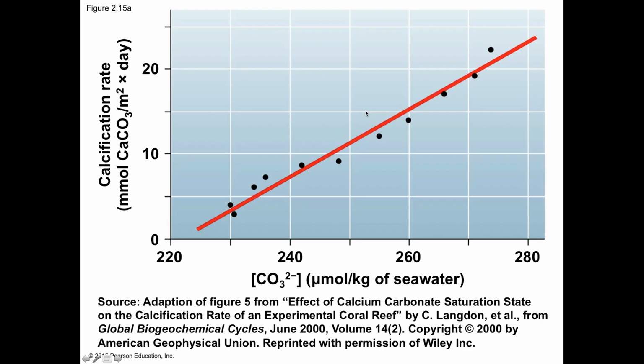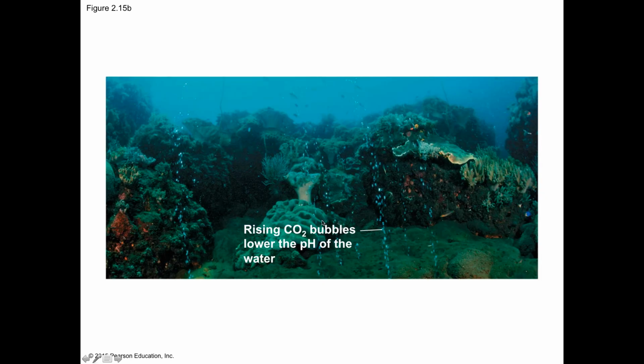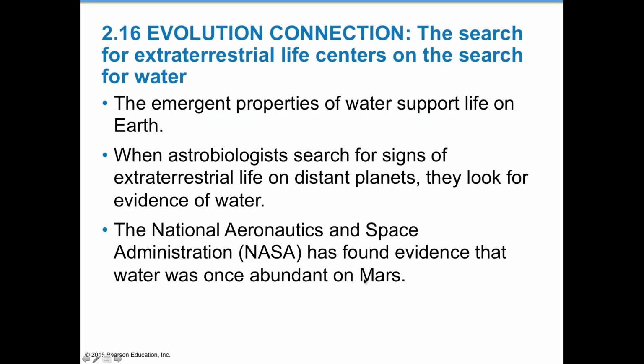So that's the gist of this. And that's what this graph is showing. As you increase carbon dioxide, here's the calcification rate. In order for calcification to take place, you need lots of the carbonate ion. And this is just showing raising CO2 bubbles. Again, this is going to lower the pH of that water.